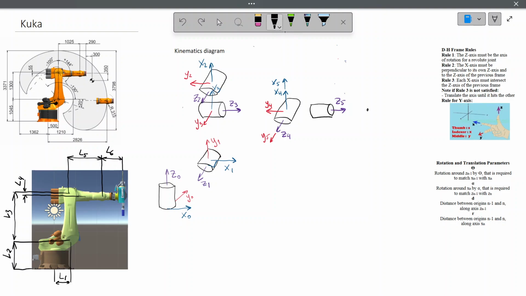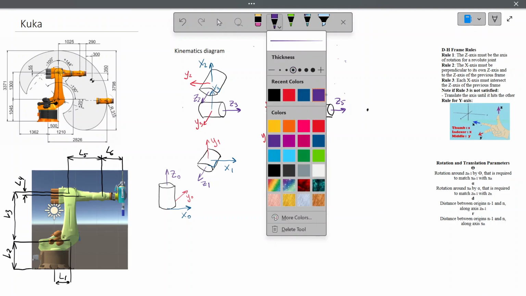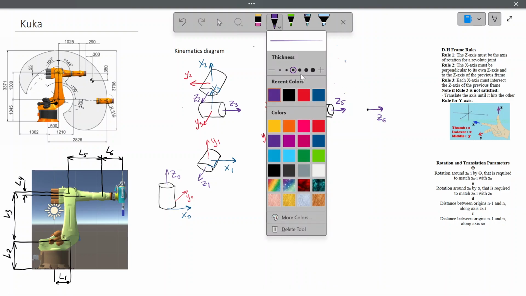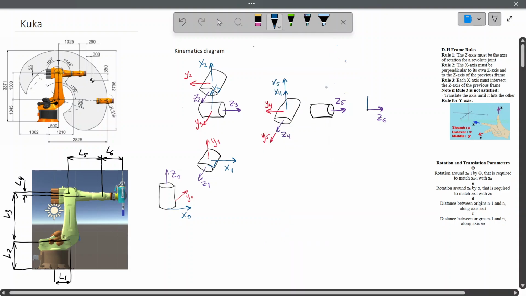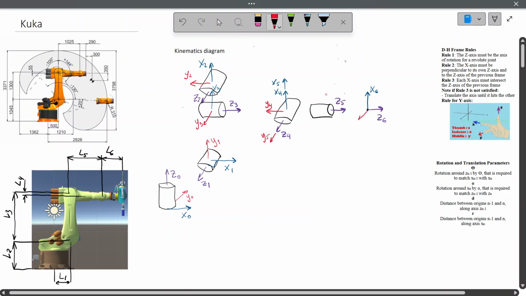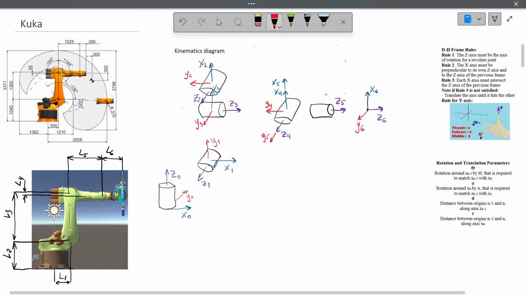So this point will be here. Again, firstly the z-axis, for example, here z6. x6, so it's perpendicular to this and to this. And y6. So this kinematic diagram we finished.